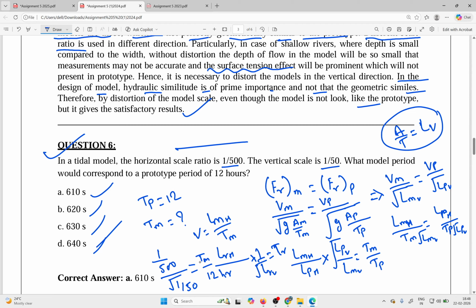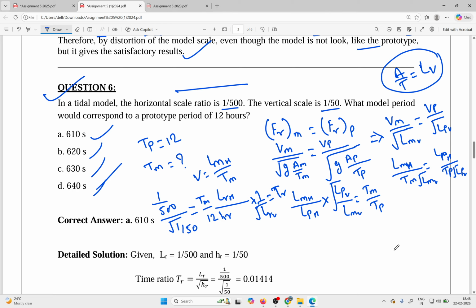So you need to calculate in seconds. You need to convert this R into seconds. So 12 into, let me just go a little bit below. So Tm is equal to 12 R into second, you will multiply with 60, it is in minute, then second, into 1 by 500 divided by root under 1 by 50.